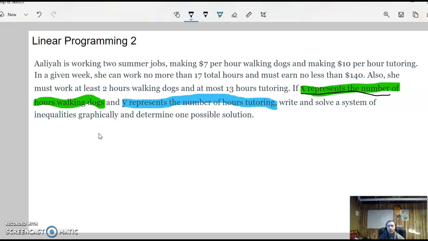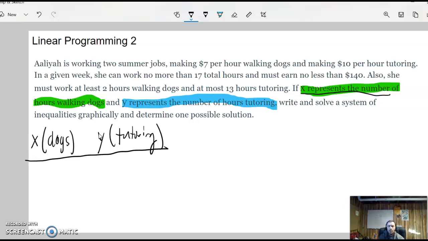So we have X, that's dogs, and Y, that's tutoring. I want you to write these in your paper and start taking some guesses. Now think about the constraints of what this says to make your guesses make sense. But if you can't do that yet, any guess will do.